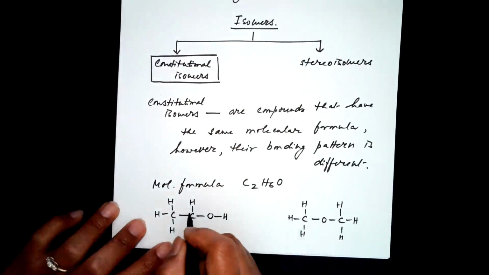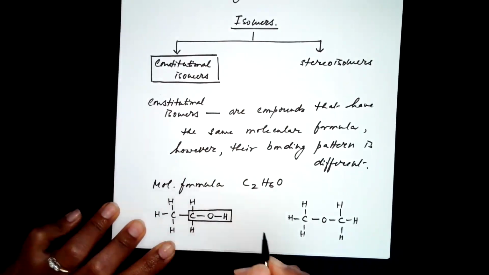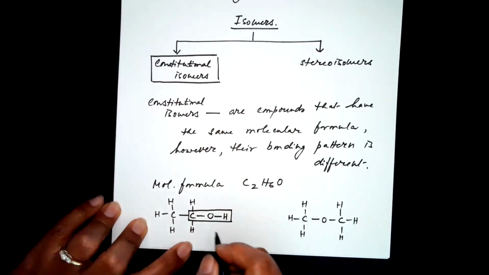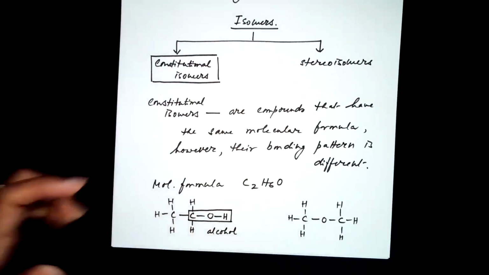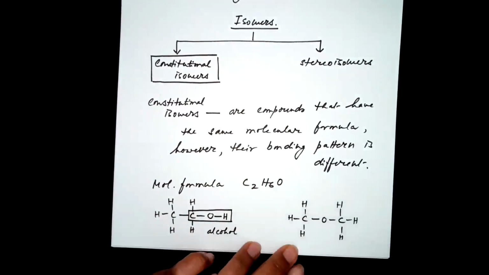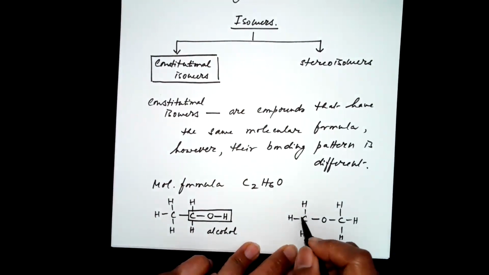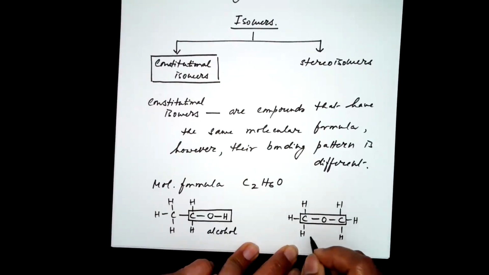In organic chemistry, and I will do a separate lecture for this part as well, a C-O-H type of linkage goes by the name of an alcohol. So this molecule is an example of an alcohol. Again, in organic chemistry, a C-O-C type of linkage goes by the name of an ether.